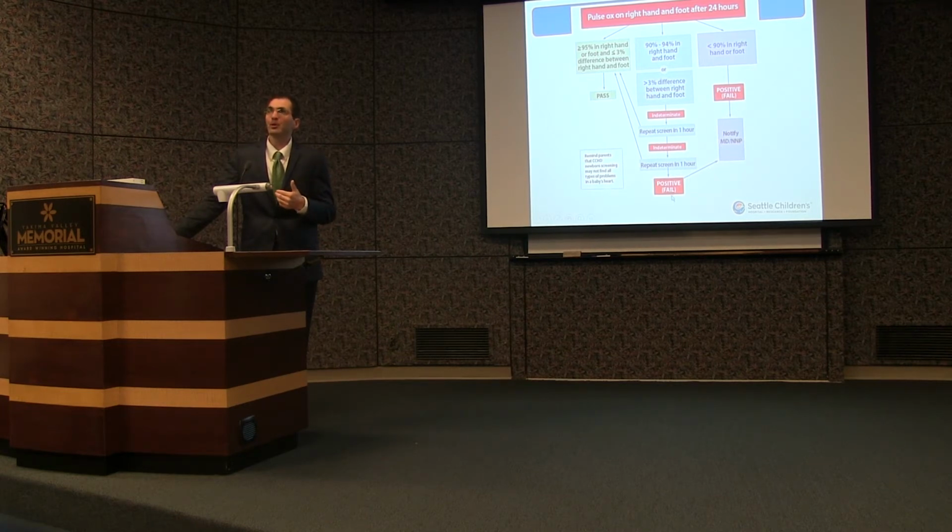This is the most challenging area, where there's going to be perhaps subtle changes that may clue you into CHD. So sometimes they may hover just around 90%, or between 90 and 95 in either the right hand or the right foot, or they may have a subtle difference between the upper and lower extremity saturations.